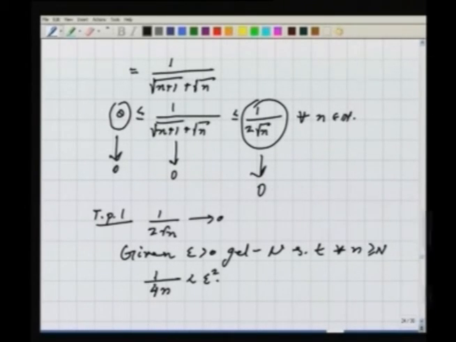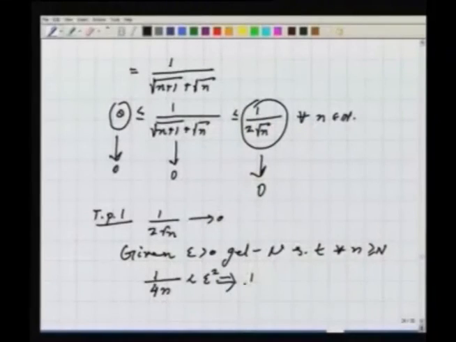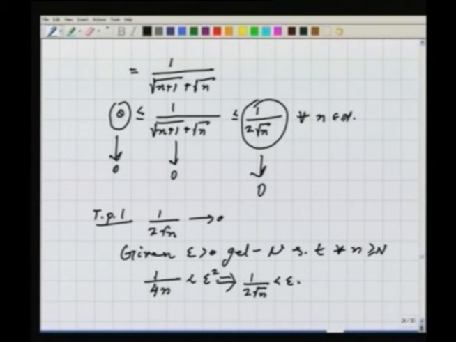That is simply the Archimedean property, I can do that. This implies 1 by 2 root n is less than epsilon. But that is what is meant by saying that the sequence 1 by root n converges to 0.